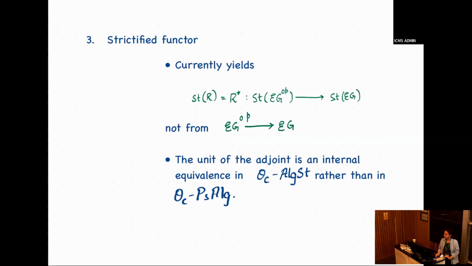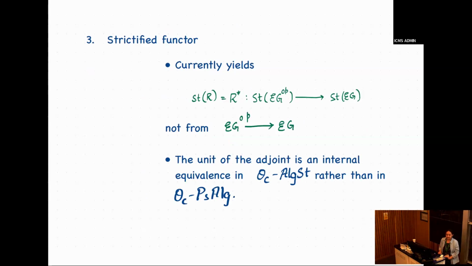And another thing is what Morgan was asking. The strictification theorem gives R star between the strictified version of EG op and EG, not from EG op to EG.